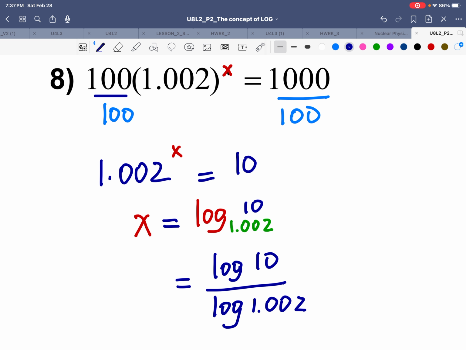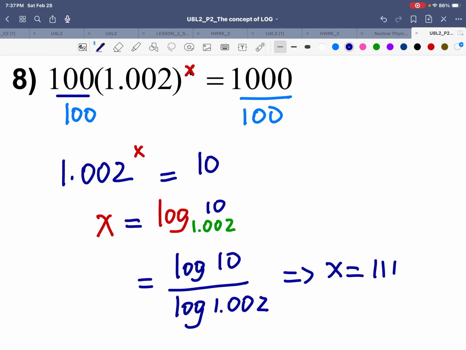And we got actually quite a large number. So x here is equal to 1152.44. Okay, so moving on to the next set of questions.